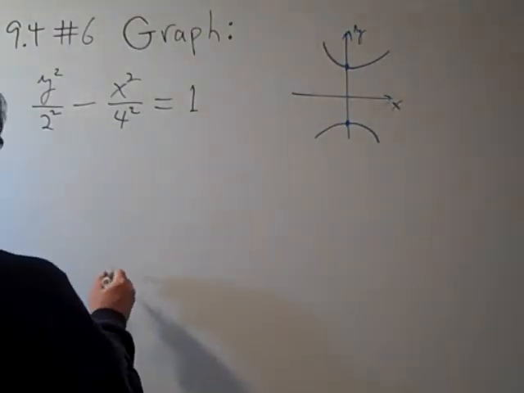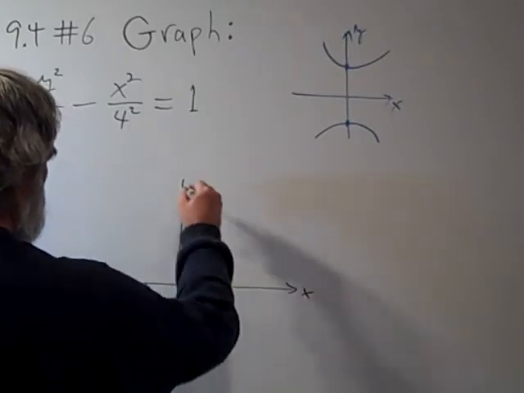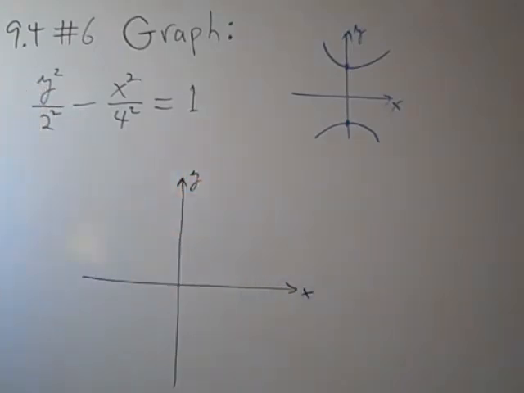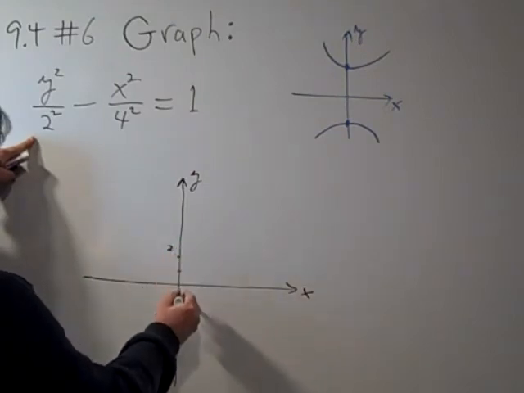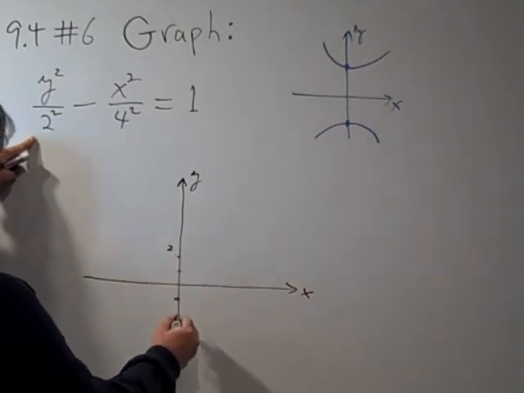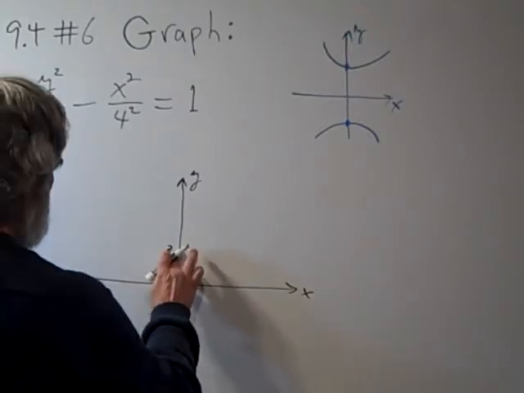So first of all, we need our x and y axes. And then we go out 2 in the y direction, so 1, 2 up, and 1, 2 down. So the box will go through those 2 points.